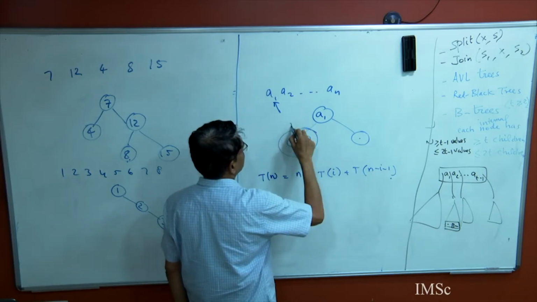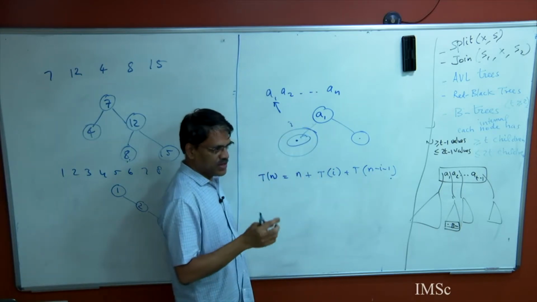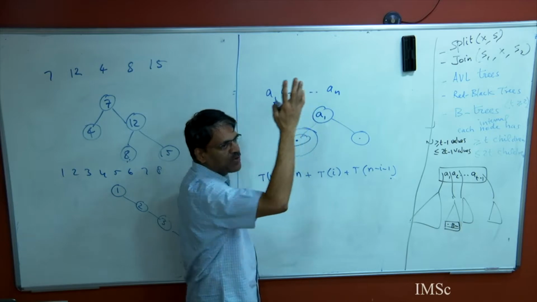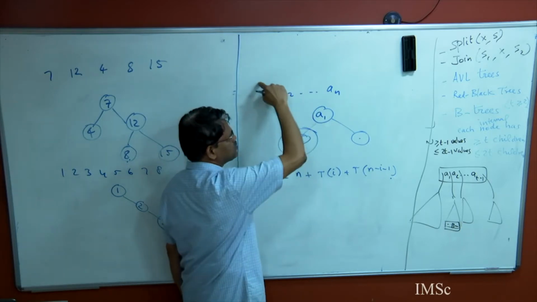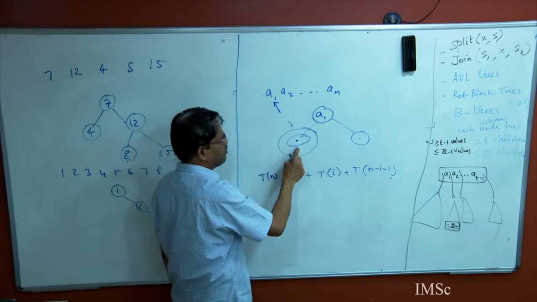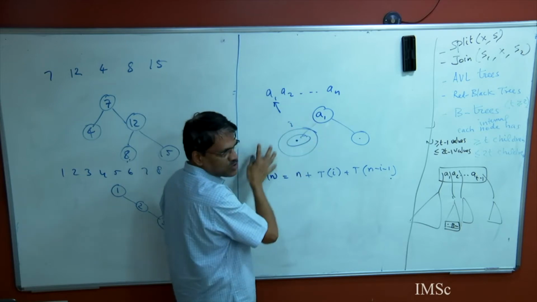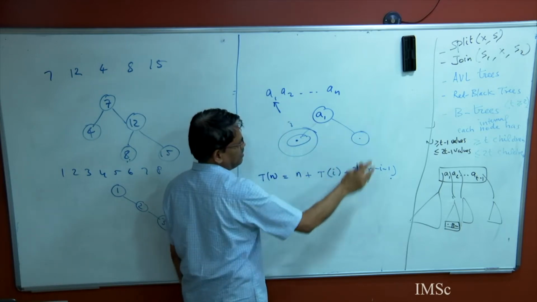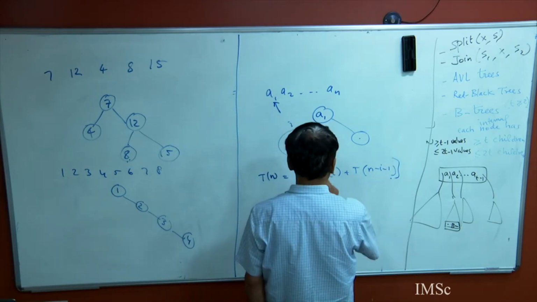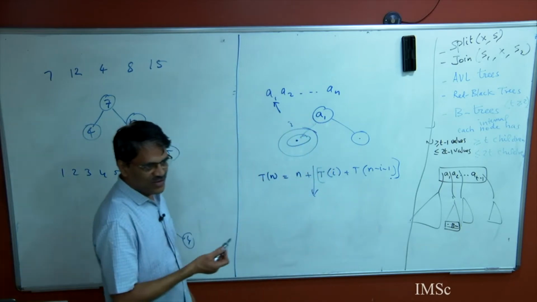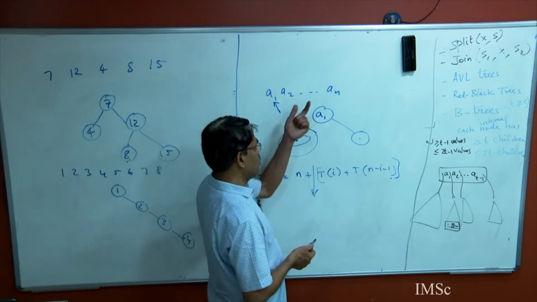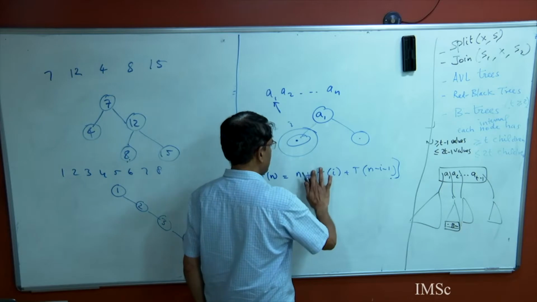If i elements fall here in my final binary search tree, if a1 happens to be the i plus first smallest element in the list, then exactly i elements are to the left of it, and they will all be compared, with whatever number of comparisons you need to build this tree, and similarly the right will be n minus i minus 1. But I don't know i, so there is a certain probability here. What is the probability that this would be the i plus first smallest element? That will be 1 over n.